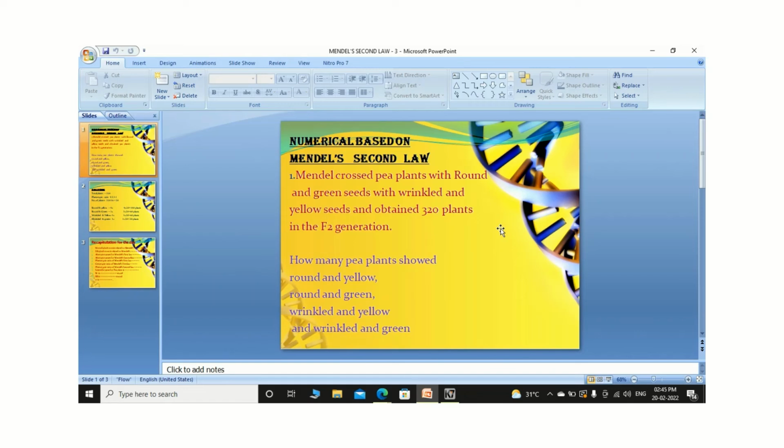So the parents selected are round and green, crossed with wrinkled and yellow, and finally he got 320 plants in the F2 generation. Now the question is, how many pea plants showed round and yellow, how many showed round and green, how many showed wrinkled and yellow, and how many showed wrinkled and green.